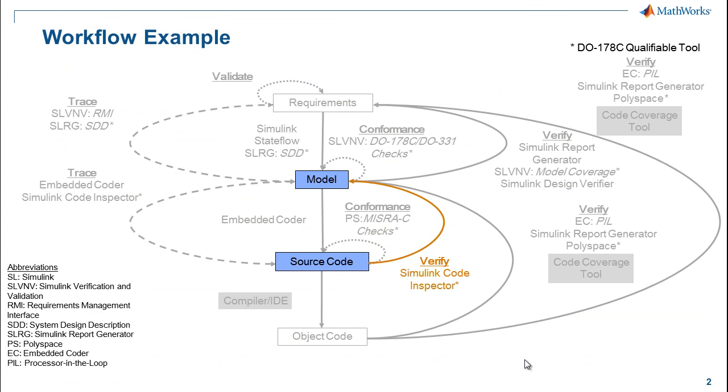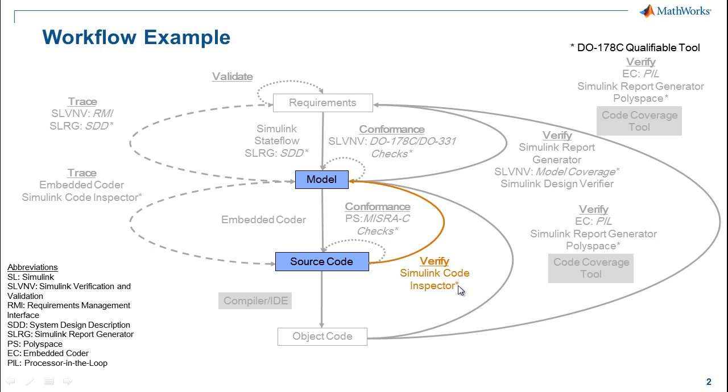So if we hop back to our workflow picture, that's exactly what we're doing here. We're saying, okay, if Embedded Coder is not a qualifiable tool, that means we have to verify the output of that tool, the source code, by hand. Right? But what Code Inspector does is it says, well, we will automate the verification of the source code against the model using a qualifiable verification tool.